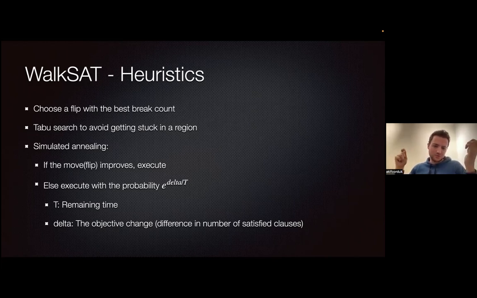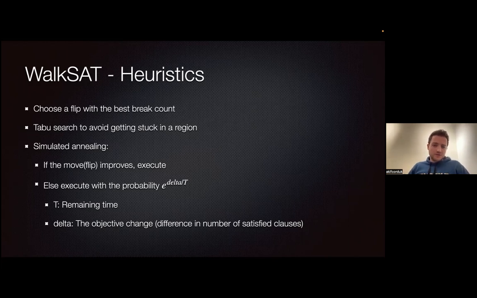That's why we keep a taboo list. The length of this taboo list, so how long we keep these forbidden moves, is experimental and highly depends on the structure of the problem. For other problems, we use square root of n as the length of the taboo list.